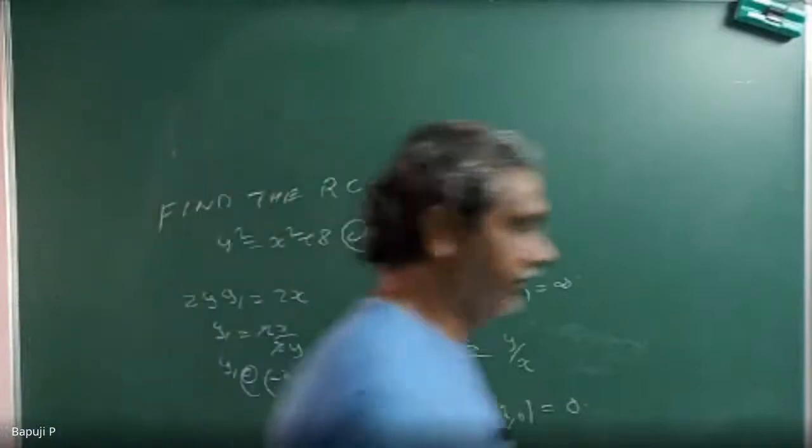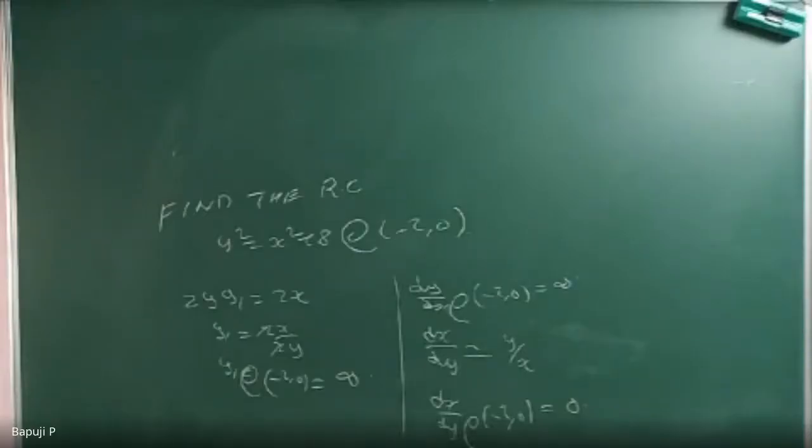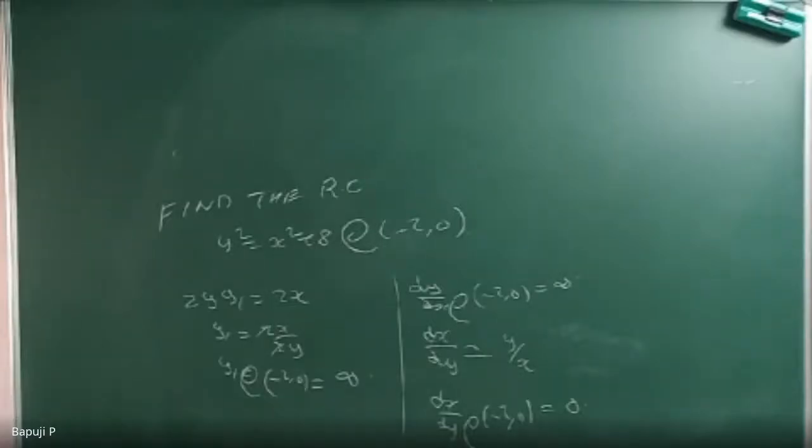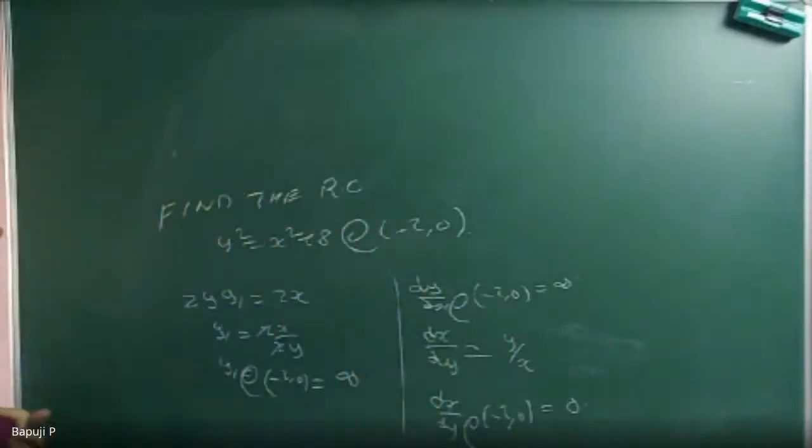Now find the second derivative. For the second derivative, take y by x and differentiate. Am I confusing? Understanding or not? dx by dy is 0, but x is a function of y. So where I have x, I will put dx by dy, whereas previously, where I had y, I would put dy by dx.